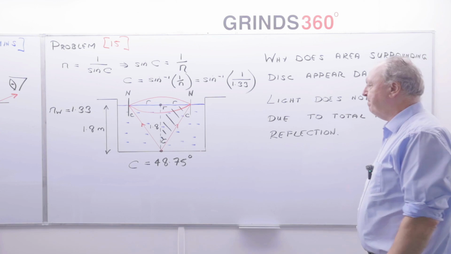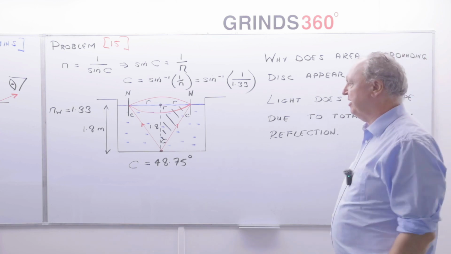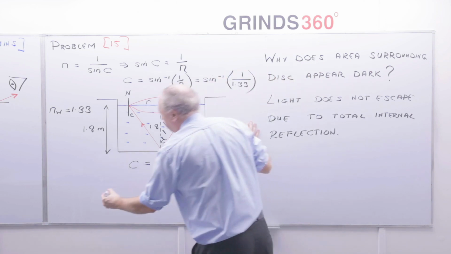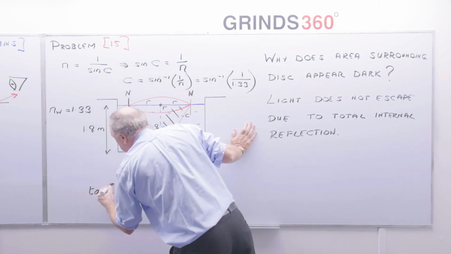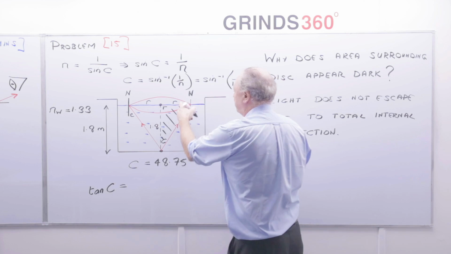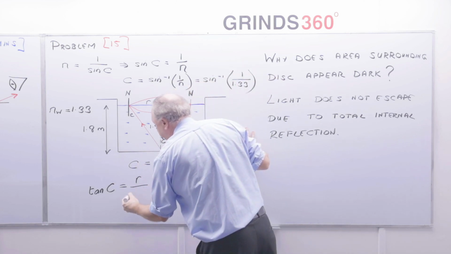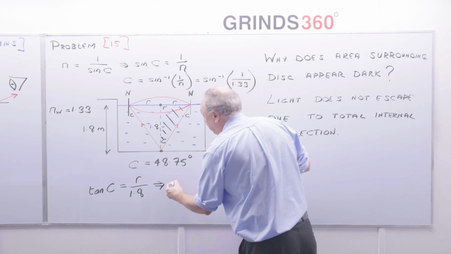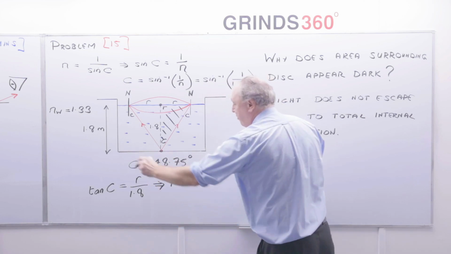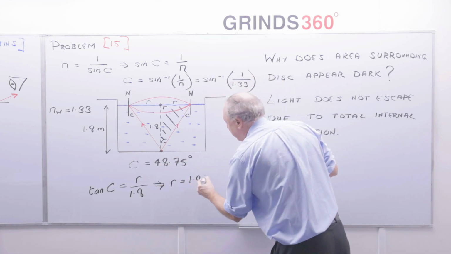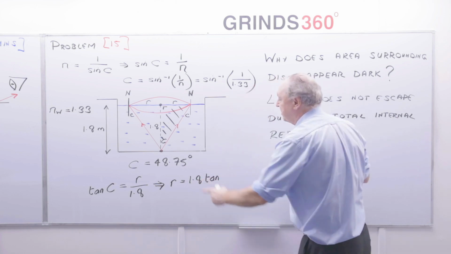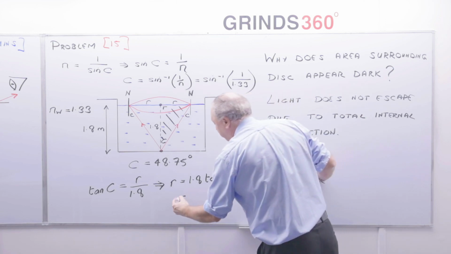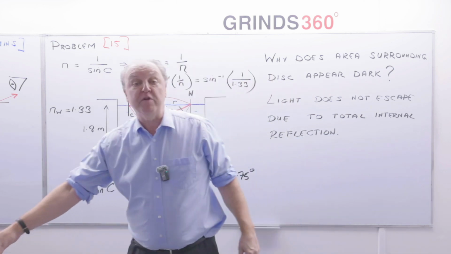So let's use some simple trigonometry for right angle triangles. I'll use tan. Tan C is equal to the opposite, which is r, divided by the adjacent, which is 1.8. That implies r is equal to, slide the 1.8 up, 1.8 times tan C, and C is 48.75 degrees. So I'll put that into my calculator, and now I've got the radius.